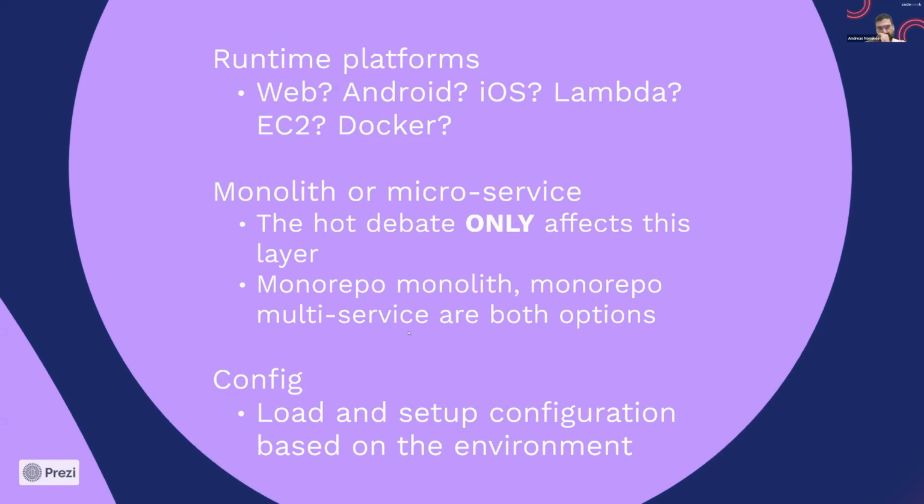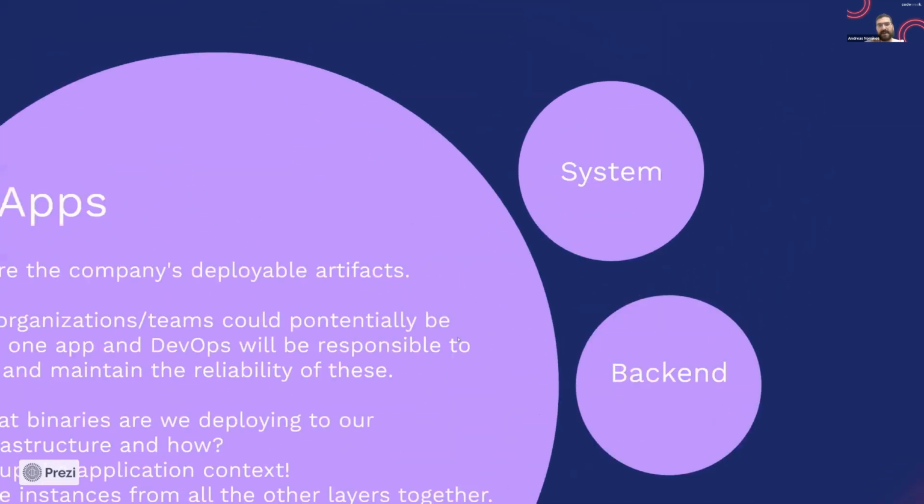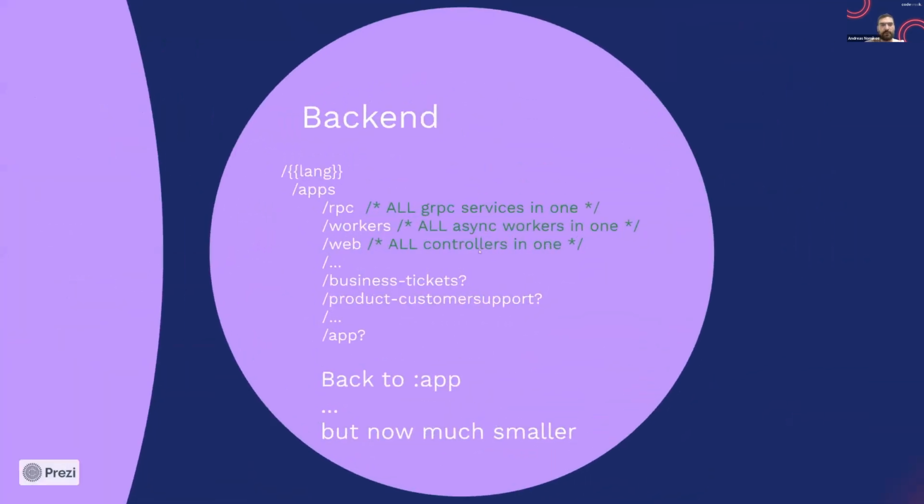So if you are running your applications in different environments, like a beta environment, a canary environment, or a dev environment, or a local environment, the setup and the different configuration parameters should be expressed, loaded and wired up over here. At the backend layer, at the backend monorepo, that might look something like this. For example, at Connectly, we bundle all our services into one deployable, which is called the RPC service.